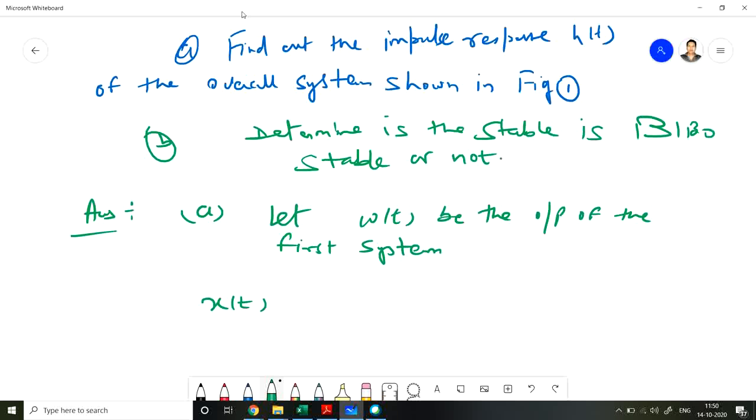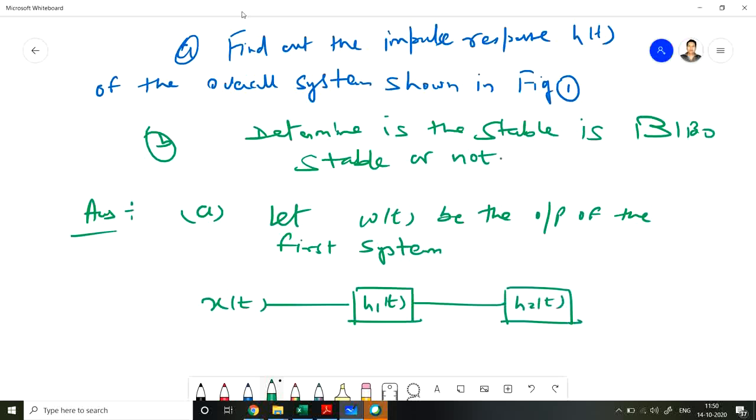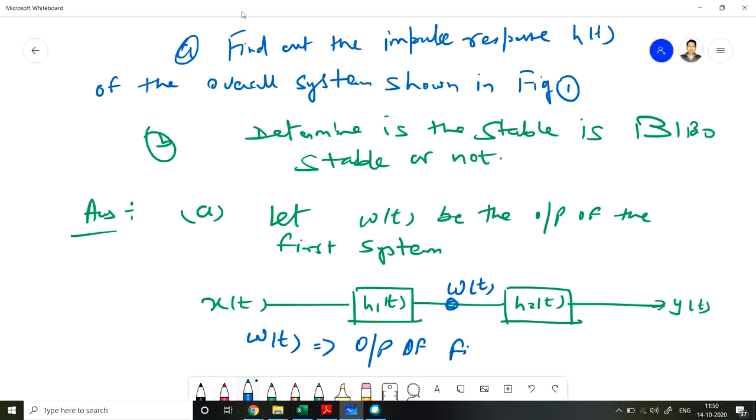This is our x(t), then this is our h1(t), and this is h2(t), and this is y(t). Let this be w(t). So basically this w(t) is the output of the first system.